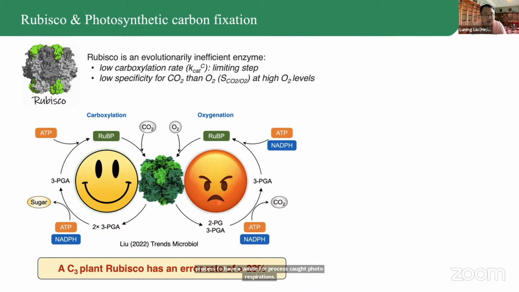As I mentioned, at high oxygen levels, Rubisco has a very low specificity for CO2 over oxygen. And because of the poor capacity to recognize the two molecules, in most C3 plants, Rubisco has a higher error rate to distinguish CO2 and oxygen.